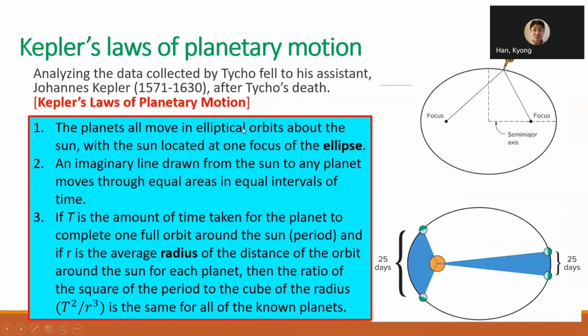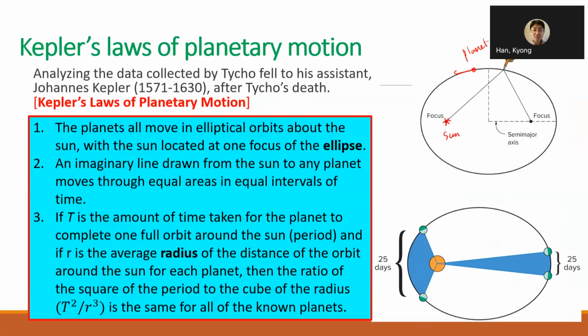First, the planets all move in elliptical orbits, not exactly circular orbits, about the sun, with the sun located at one focus of the ellipse. Here might be the sun, and this is a planet, maybe Earth, Mars or Venus, orbiting around there.